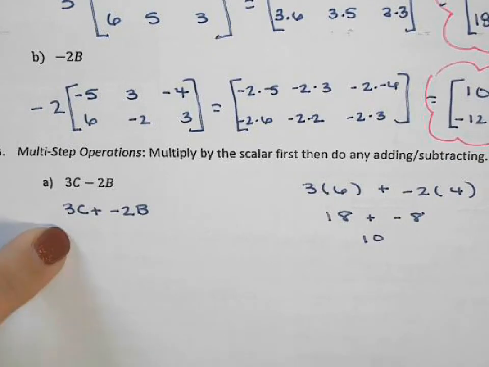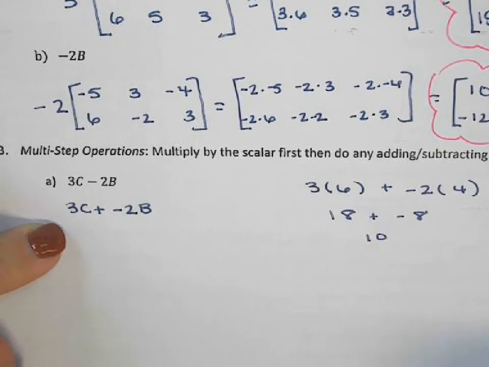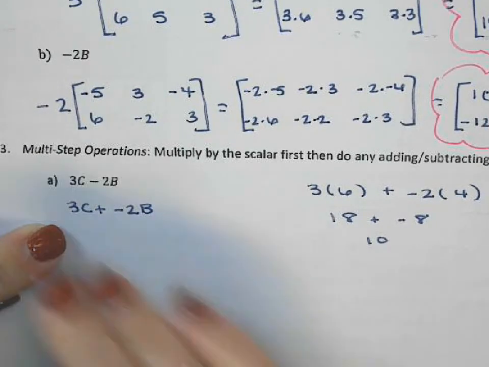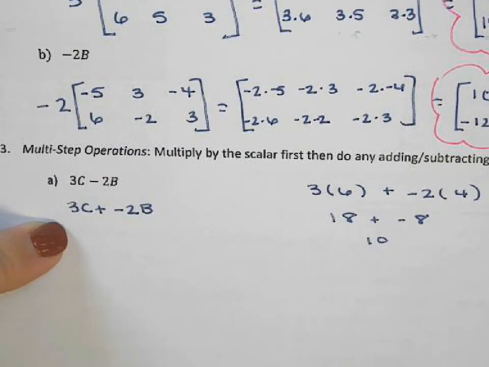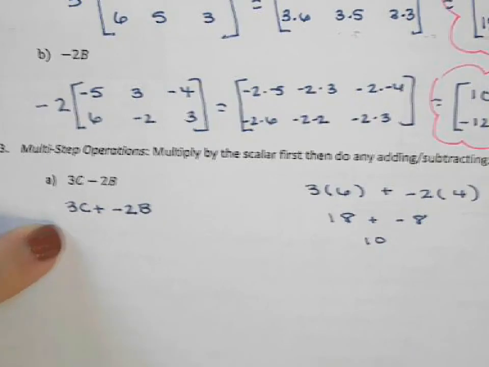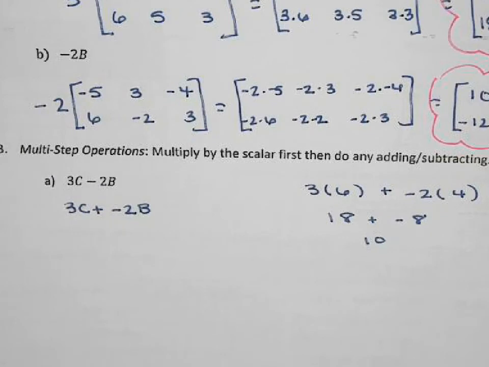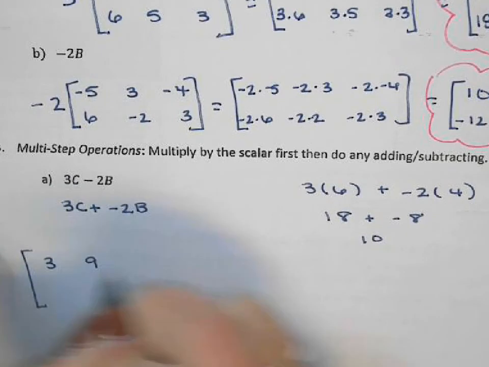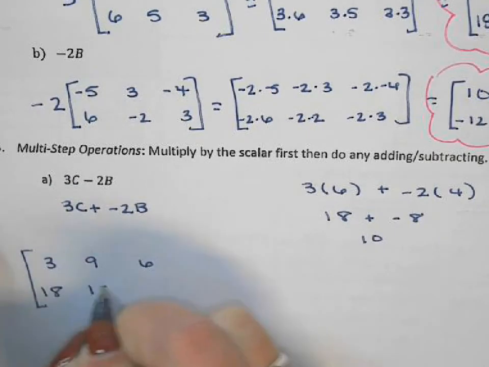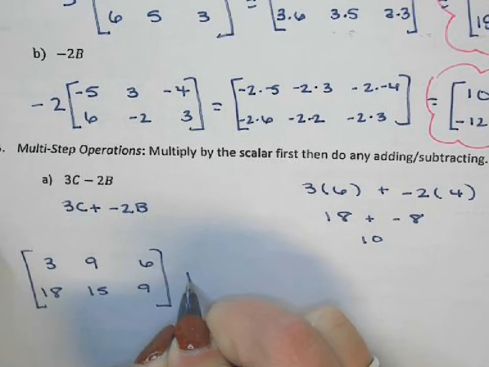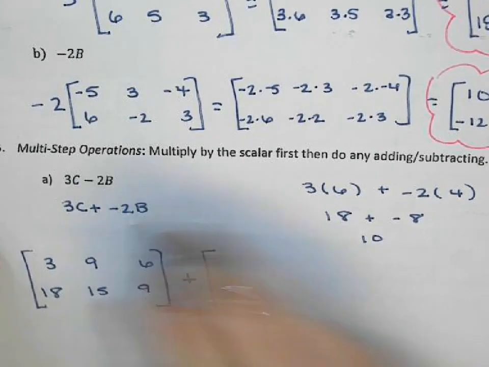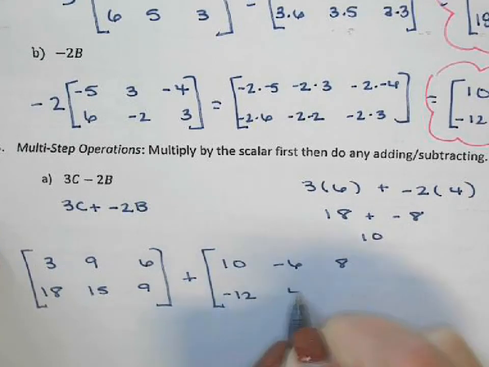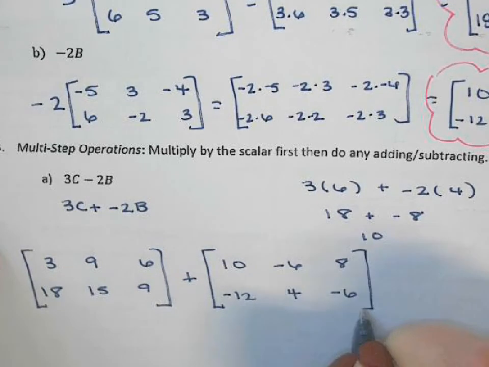So 3c, we actually already did that problem. The cool thing about this unit is I will probably do partial work in previous problems. But you have to be careful, because if you get those wrong, then you could get things wrong as we keep going. Okay, but 3c was the matrix 3, 9, 6, 18, 15, 9, plus negative 2b was the matrix 10, negative 6, 8, negative 12, 4, negative 6.